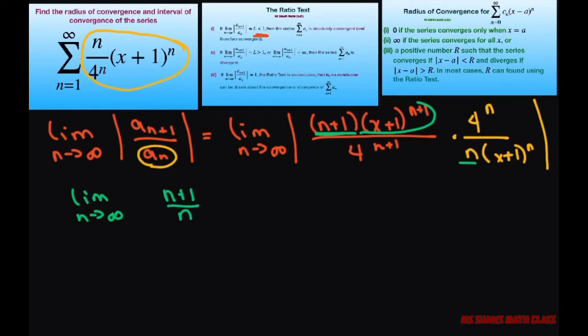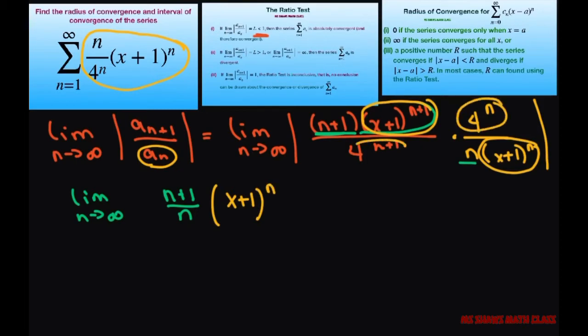And then for this piece, when you simplify these two, this is just going to be (x plus 1) to the nth power. And when you simplify these, that's going to be divided by 4, because the n's cancel.